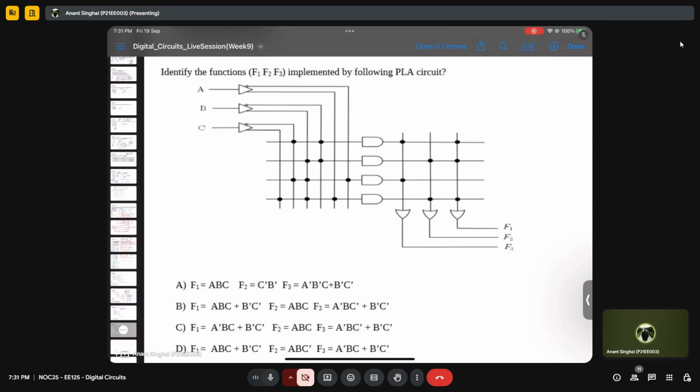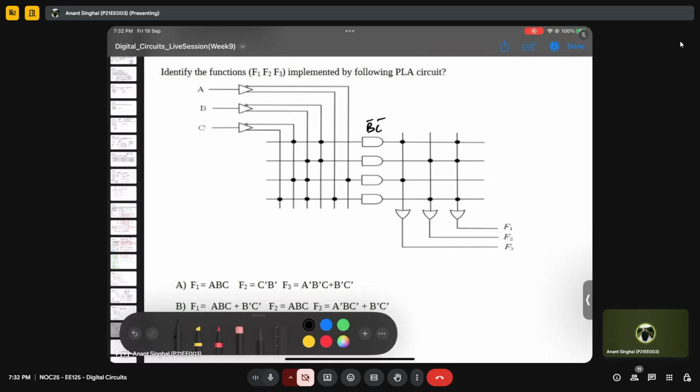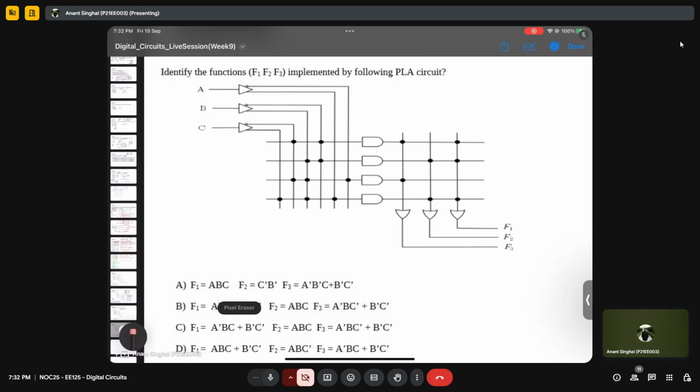Okay, so let me quickly try it out. So this is C bar and this is B bar C bar. I can use a different color. This is B and B bar, so this is 0 actually.